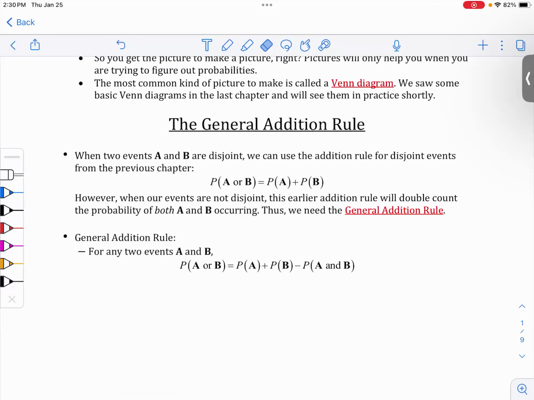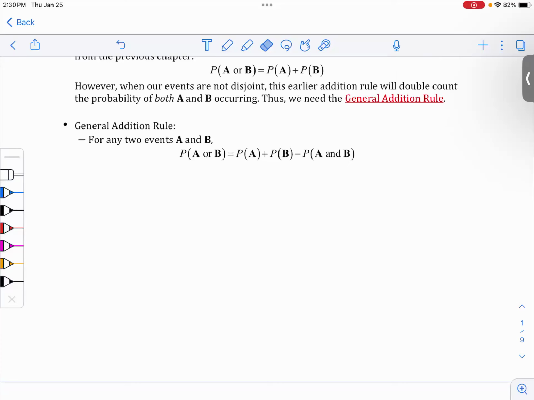We saw last time, we looked at the general addition rule. Probability of A or B equals the probability of A plus B. That was a Venn diagram, which we called the disjoint case.